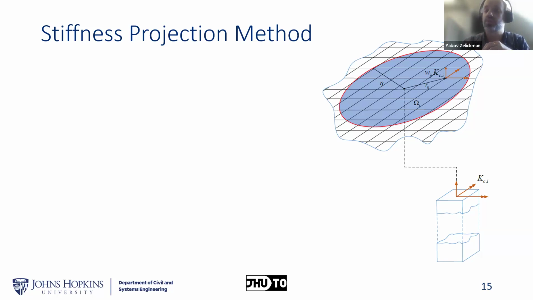To resolve those issues, what I came up with is the so-called stiffness projection method, where essentially I detach the supports from the plates. This is done by taking the stiffness of the column and simply projecting it on some small area around the current location of the column.